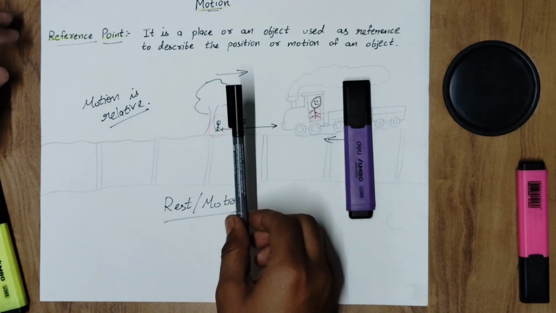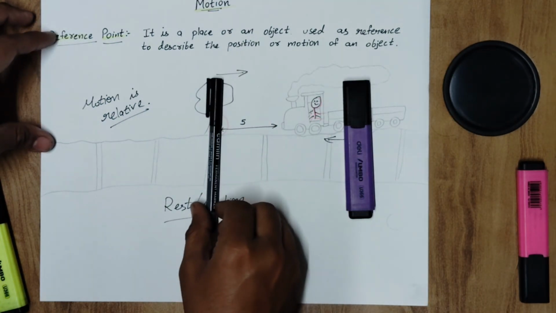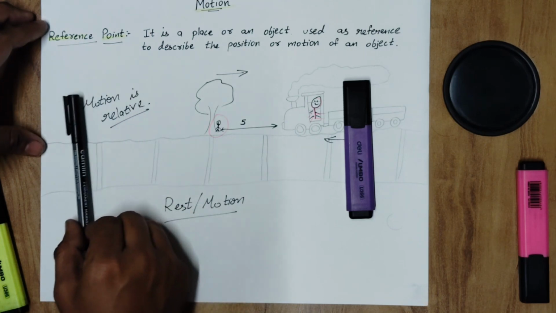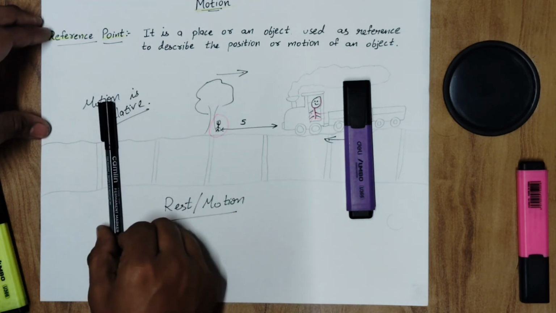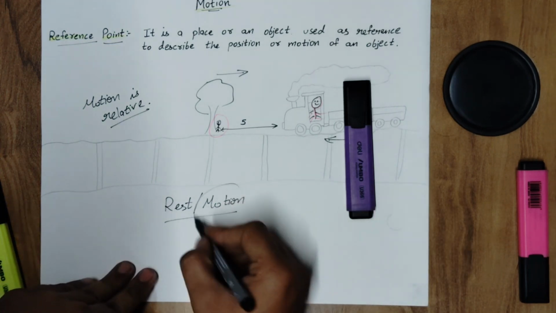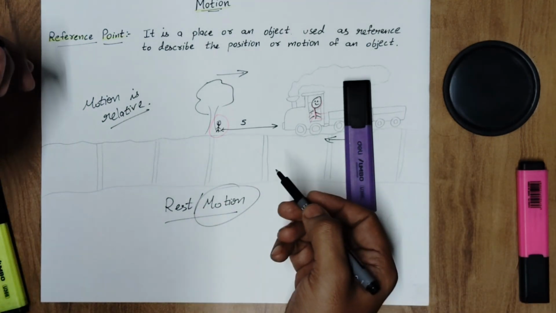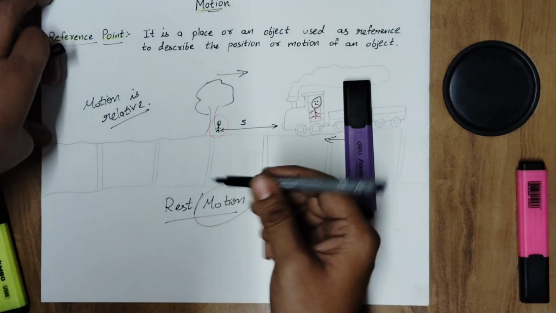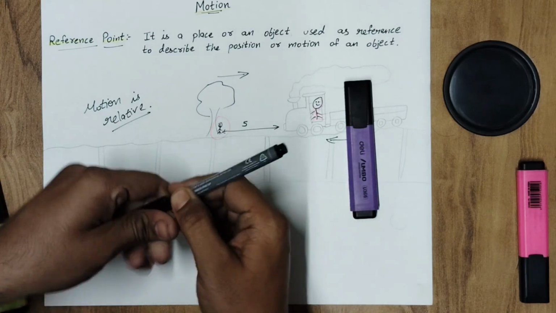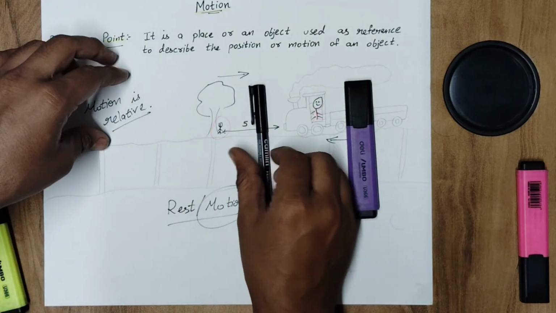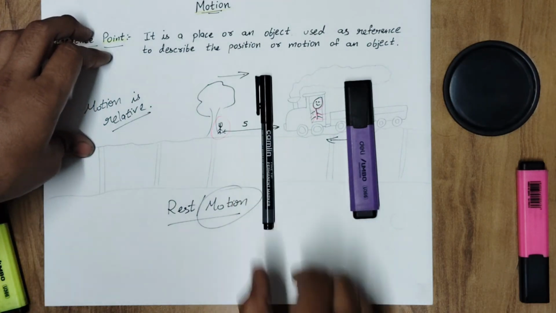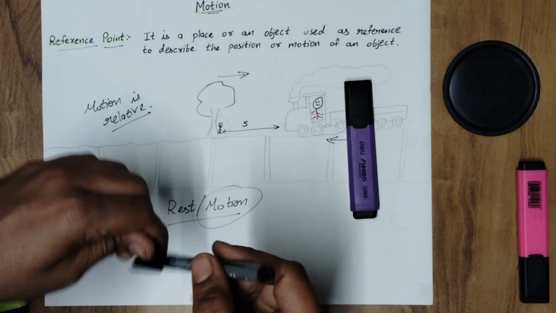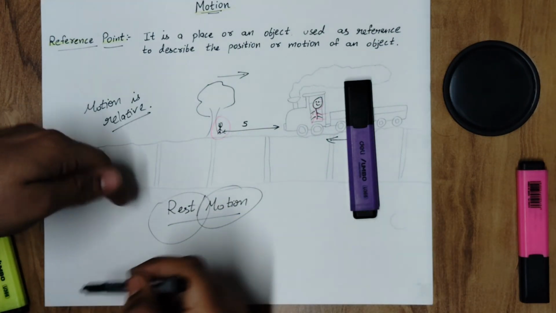So for this highlighter, this marker was moving and every second it was changing its position. तो हर सेकंड पोजीशन चेंज करता है, उसे हम क्या कहते हैं? मोशन. बेसिकली इट्स नोन एज मोशन. एंड एनीथिंग दैट डजंट चेंज इट्स पोजीशन, जो अपनी पोजीशन चेंज नहीं करता है, ये 5 सेकंड के बाद भी इधर ही है, ये 1 आवर के बाद भी इधर ही है, तो इट इज नोन एज रेस्ट.